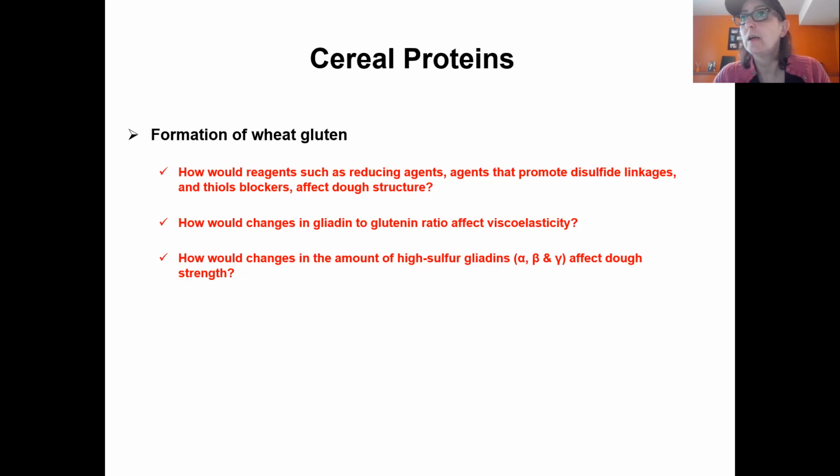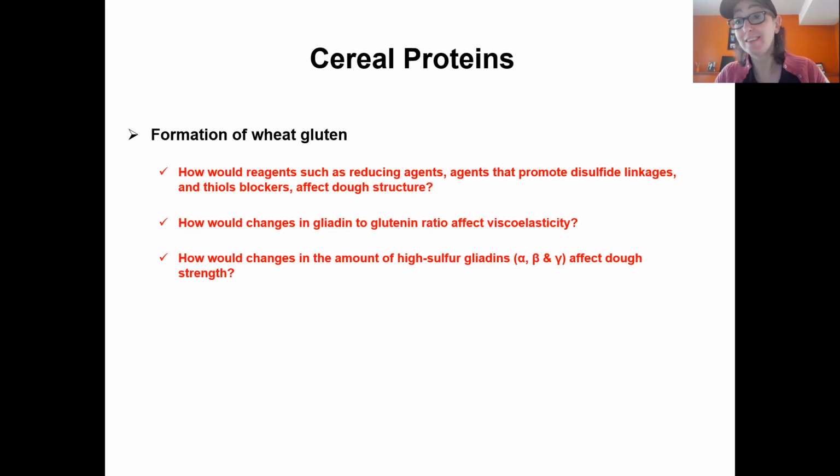If you have a flour with a very high ratio of glutenin to gliadin, with high molecular weight glutenins, it's too elastic, and you want some viscosity, some flexibility and extensibility. So you can add a reducing agent or a thiol blocker that blocks the sulfhydryl groups. That can reduce the strength of your wheat gluten.